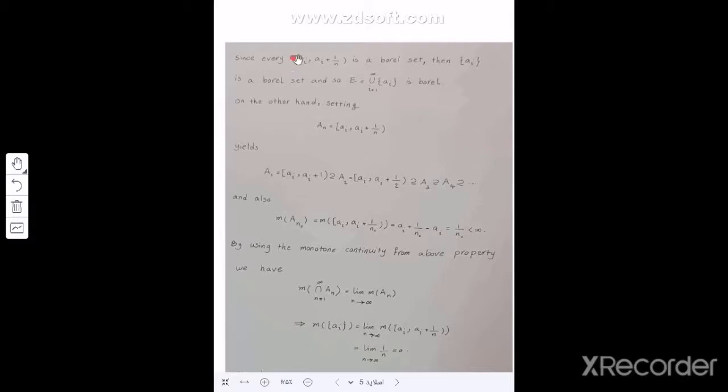The countable intersection of such intervals is equal to this set by the previous slide, so this set is a Borel set, and E is equal to this union. We know that the Borel sigma algebra is closed under countable union, so E is a Borel set.